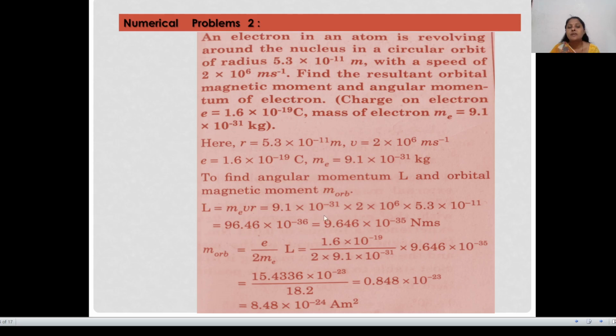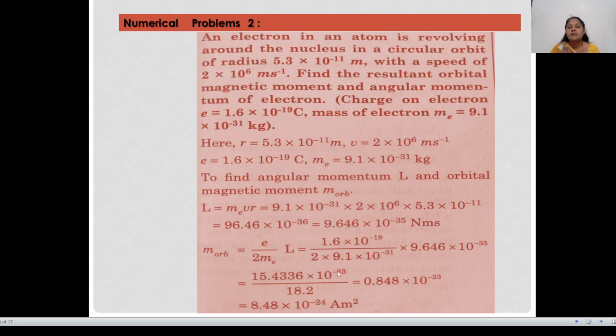And this L value is put in the below formula. M orbital is equal to e by 2m into L, which means 1.6 into 10 raised to minus 19 divided by 2 into 9.1 into 10 raised to minus 31, into, put the value of L here, 9.6416 into 10 raised to minus 35.